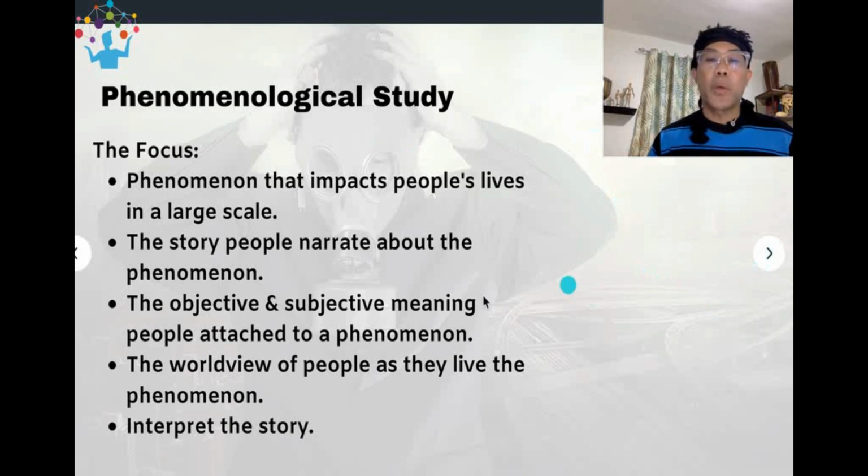Of course, when we are interpreting the story, we cannot avoid the fact that we can be very subjective also. But we have to specify that in our research. Even if we try to be very objective, our being objective is also colored by our subjectivity.